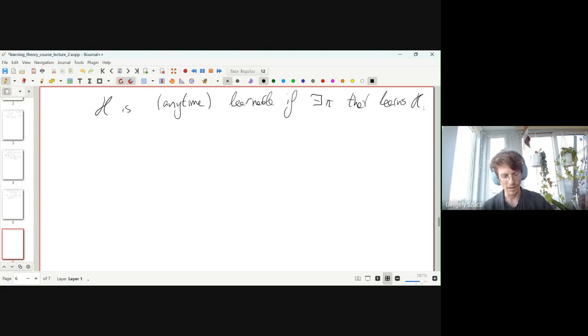So we say that it's learnable, anytime learnable, uniformly learnable, or anytime uniformly learnable if there exists a policy for which the corresponding learning holds.